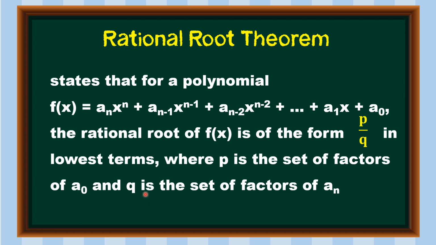The rational root of f of x is of the form p over q in lowest term, where p is the set of all the factors of the constant or a sub 0, and q is the set of all the factors of a sub n or the leading coefficient.